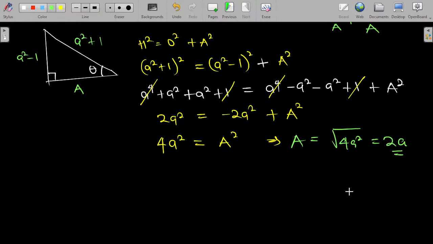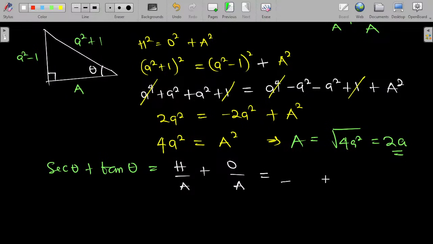So I'm going to bring down that sec theta plus tan theta. So remember we said that your sec theta is h over a and your tan theta is o over a. Alright, so you can easily even take LCM here. If you take LCM, you have a, and here will be h plus o.